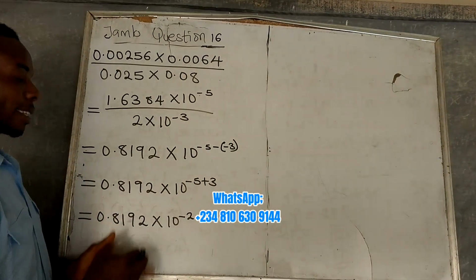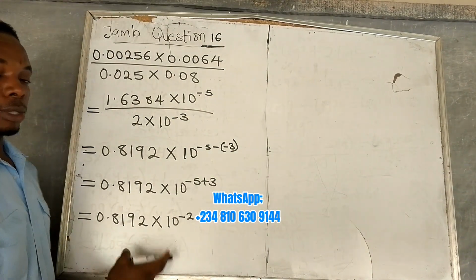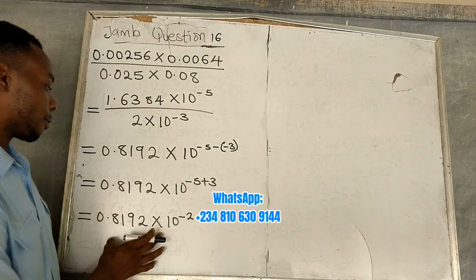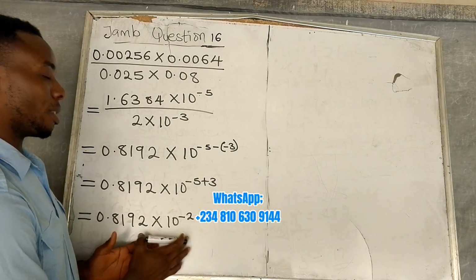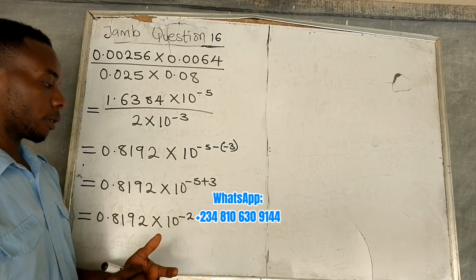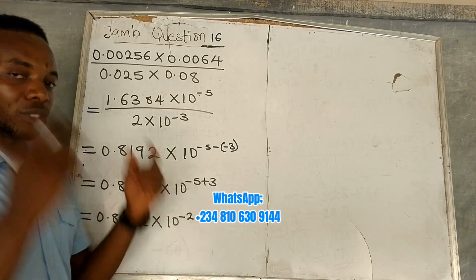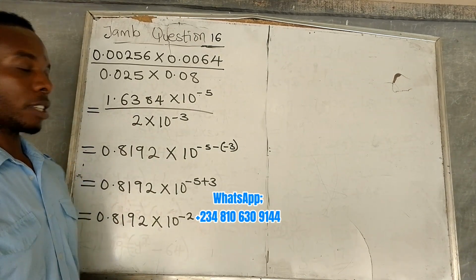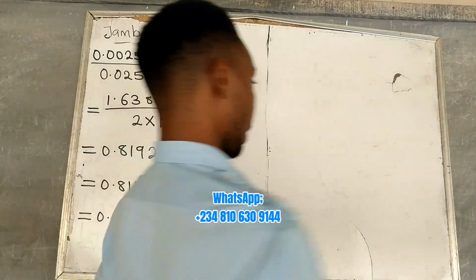So now, here's what you're supposed to do. You can decide to leave your answer like this if this is what is given in your options. Sometimes you may look at the options and not see this. Now you need to use your brain. Now, standard form.